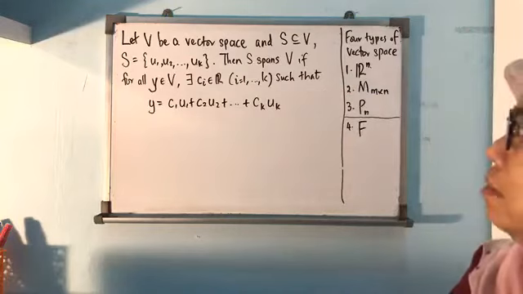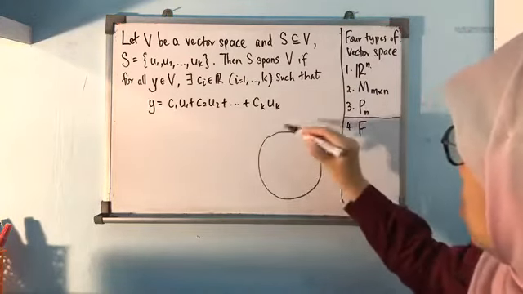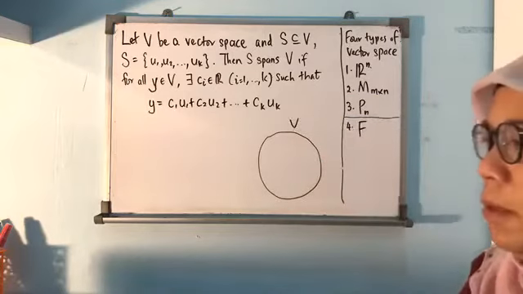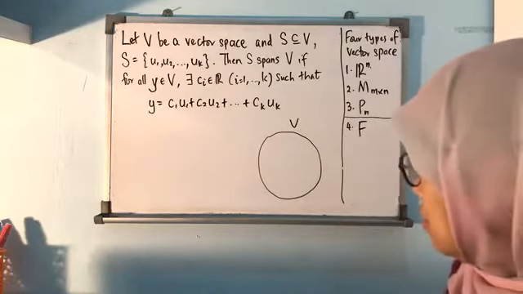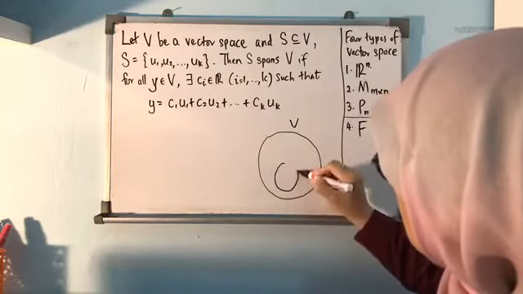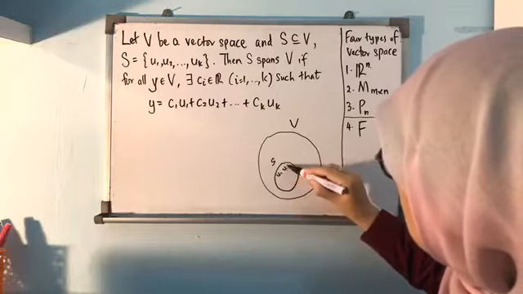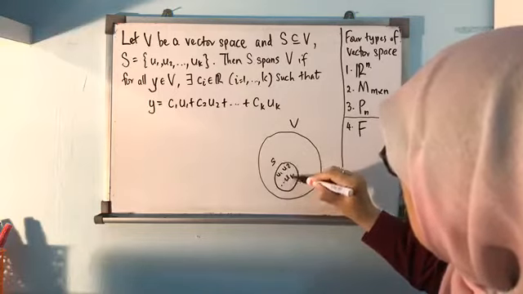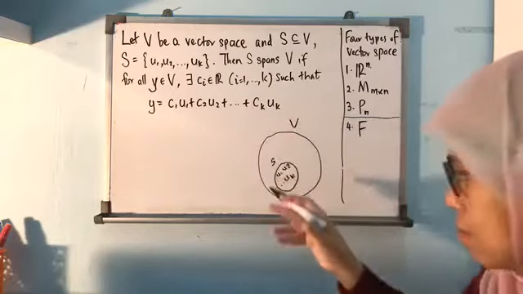Okay, let V be a vector space. Again, I will draw V, a vector space, infinitely many elements. S is a subset, finitely many. V is uncountable, infinitely many.